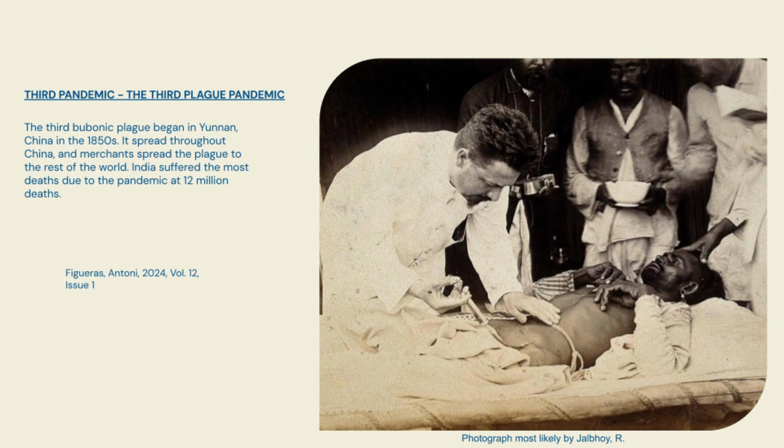It was merchants traveling to China and to other parts of the world that spread the plague from China to the rest of the globe. India suffered the most deaths due to the pandemic. They had 12 million deaths, and it's estimated there are 15 million deaths globally due to this pandemic.